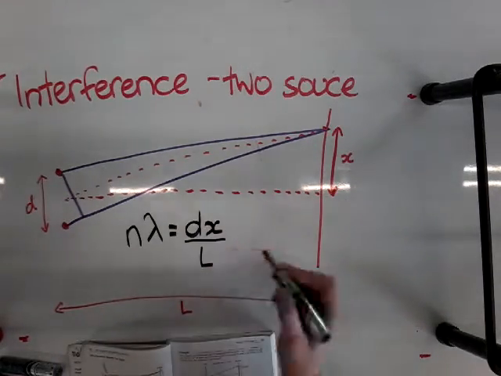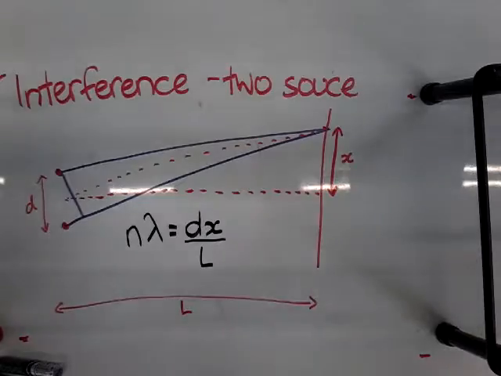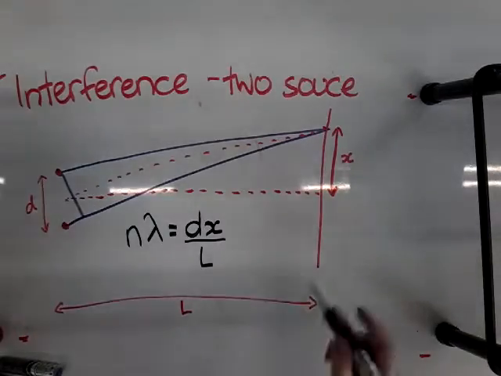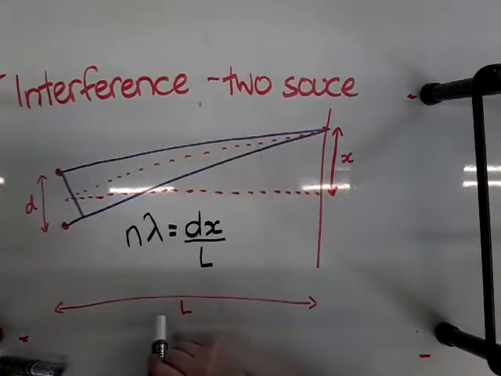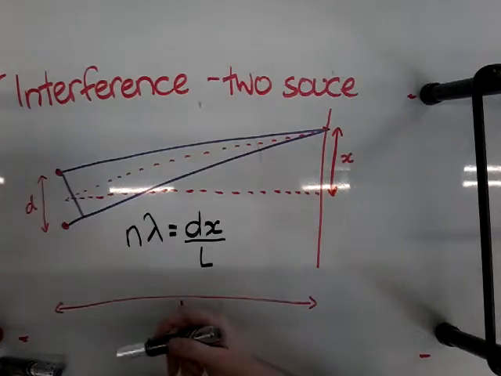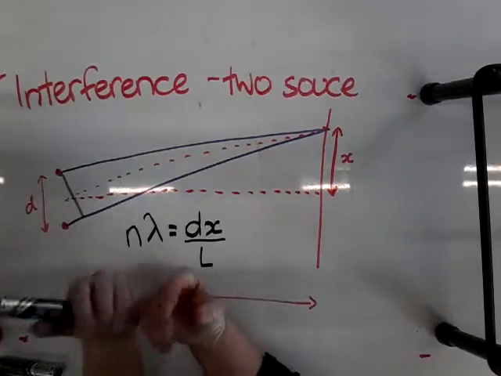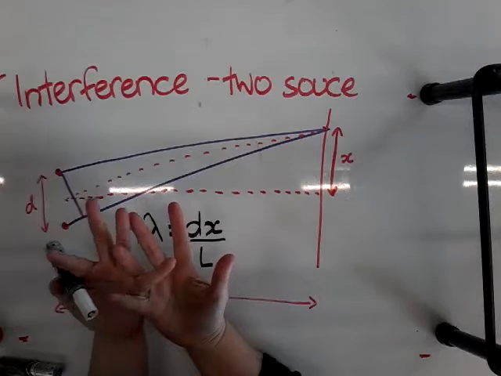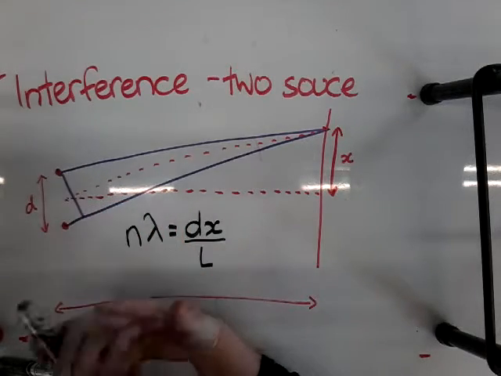Now this only works, and this is why I say mathematical jiggery-pokery, if x is tiny compared to L. And it relies on the fact that the tan of an angle and the sine of an angle are pretty much similar so long as the angle's small.